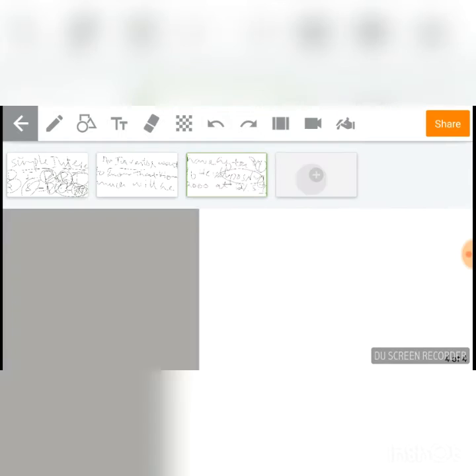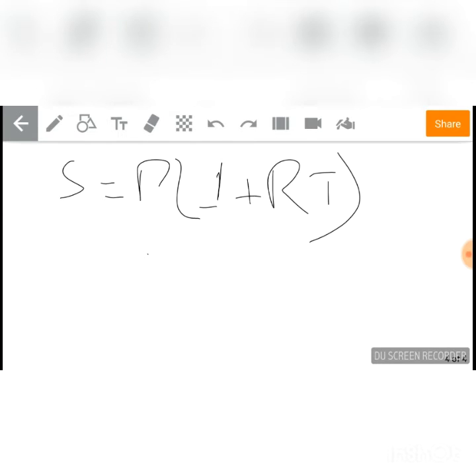Okay, so here I'm putting these values in the formula. The formula is S equals P(1 plus RT), and here he wants to know the future value, right?